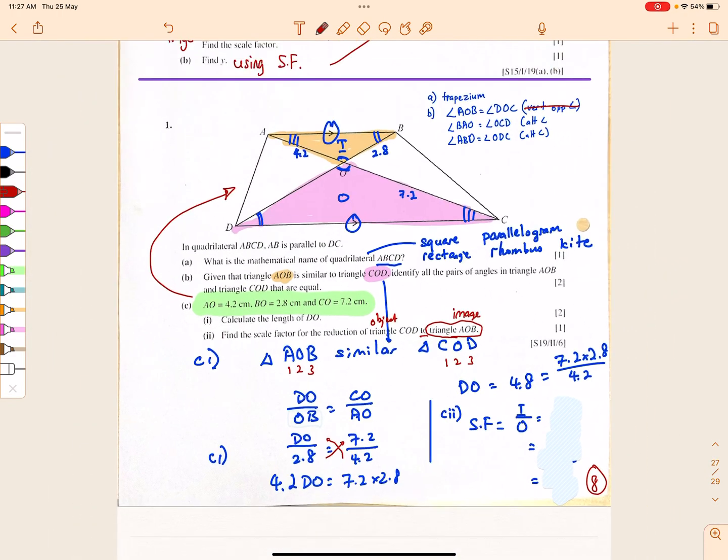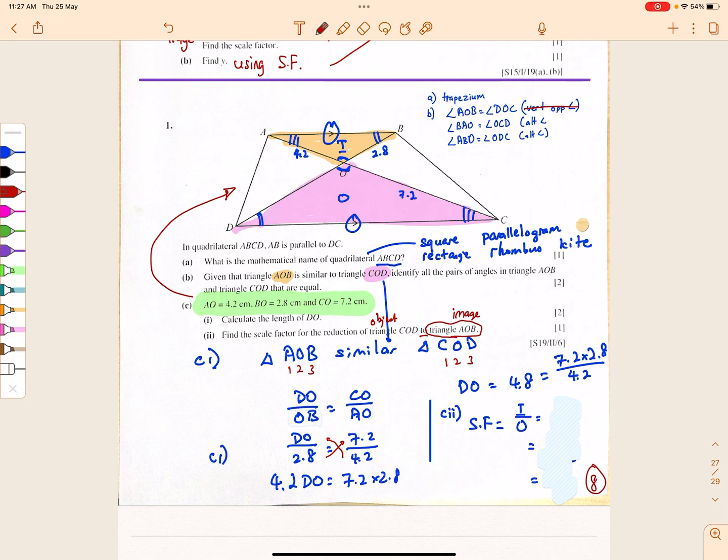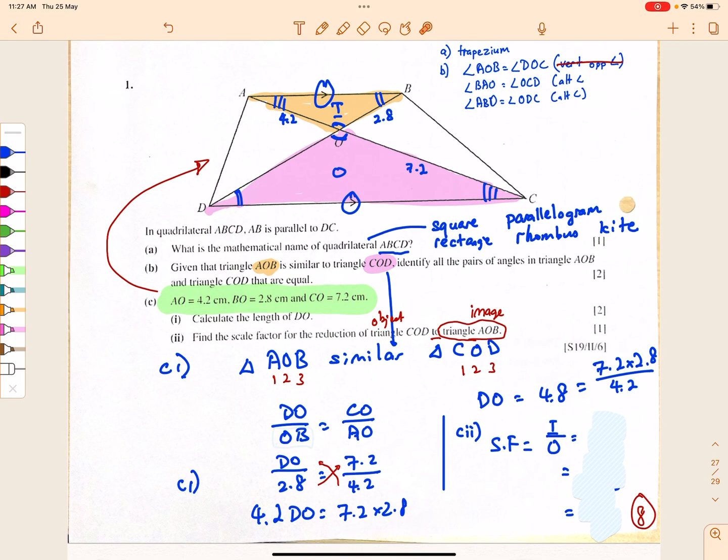I want the image, so I will take AOB as the image. I will take this length, because this is the length I know, and I will take this length. If I take OB, OB corresponds to OD, but I don't have the OD length, so I couldn't find it, right? So I will use AO. So let's take a look. I'll use AO over CO, put in the 2 lengths and get the final ratio.